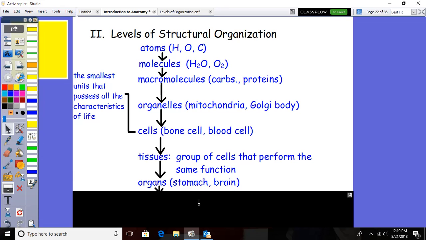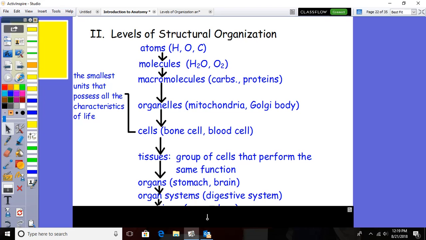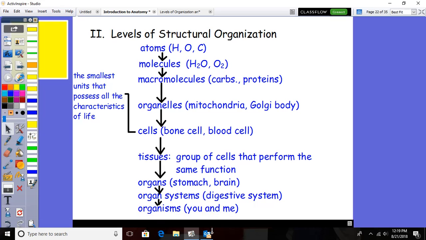Organs are things like your stomach and your brain. Organ systems are all the different body systems, like your digestive system, and organ systems make up organisms, which are you and me. We are organisms.